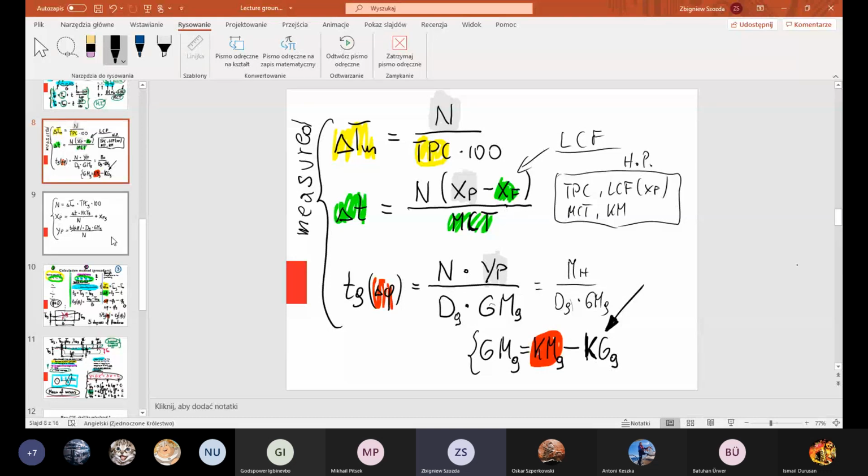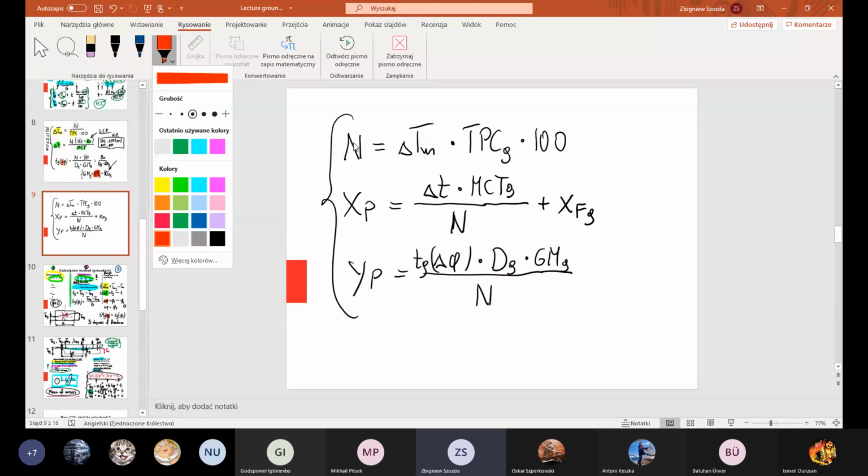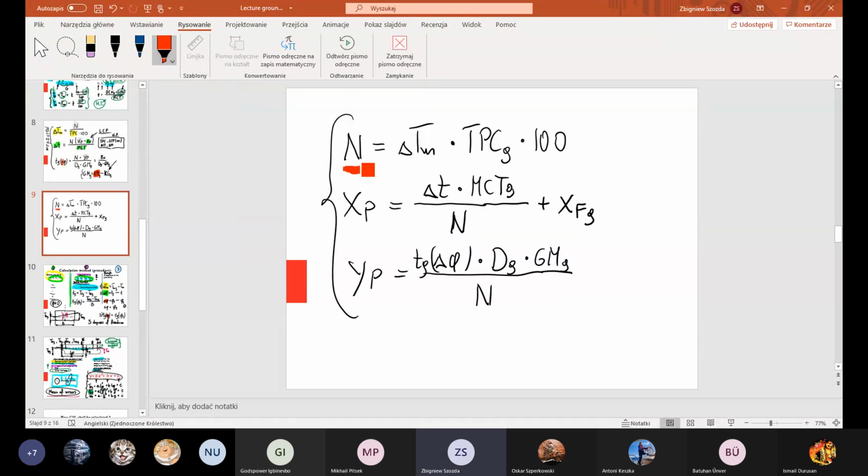Fine. So the last slide of this group, calculation of variables we are looking for: the force and point of action. Delta Tm measured, delta T measured, delta phi measured. What else? TPC for mean draft after grounding.